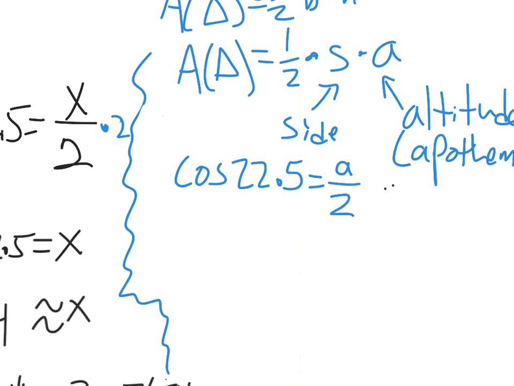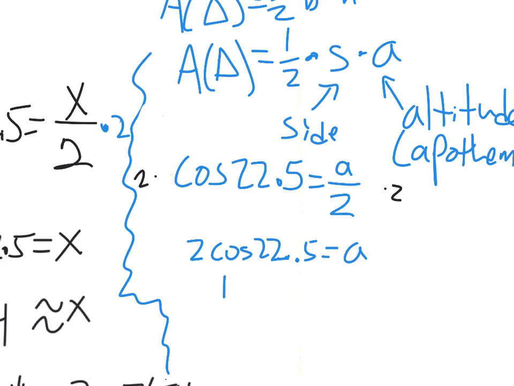We want to multiply by 2 on both sides to get that 2 out of there. And so we have 2 times the cosine of 22.5. And that's going to give us the altitude. So we'll go to our calculator, and we'll say we got 2 times the cosine of 22.5.